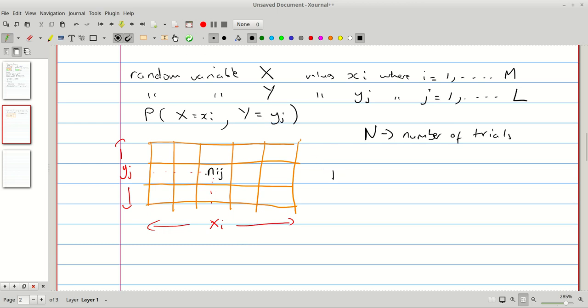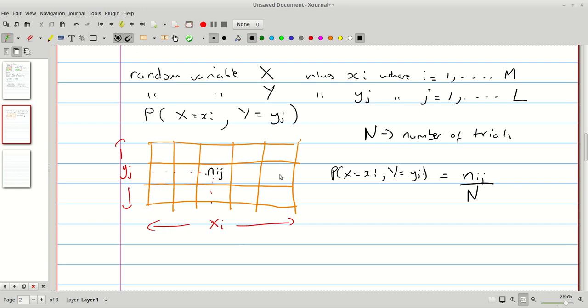Well, we can express p(x = xi, y = yj) as the number of times we choose this, nij, divided by n, the number of samples that we have. So out of all the n samples, we chose xi and yj nij times. We're just expressing this from a very basic standpoint.